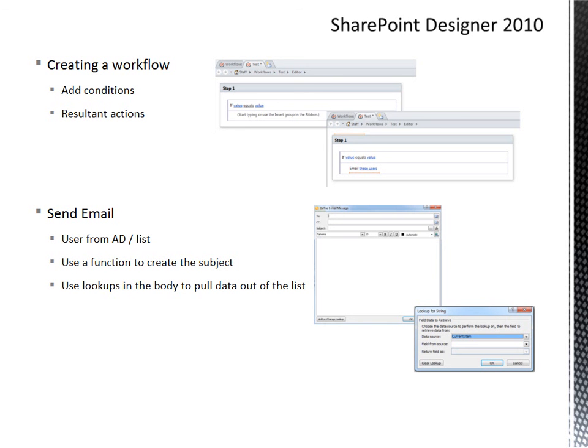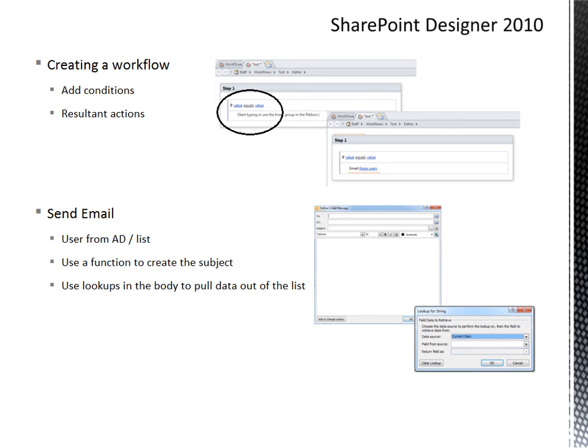In this section you can see we've added some conditions, and then you have resultant actions. A condition will be if a certain value equals a value. As you can see, the values are blue, and what you do at that point is click on those values. You then choose sections from the list and say if this certain field is equal to this.